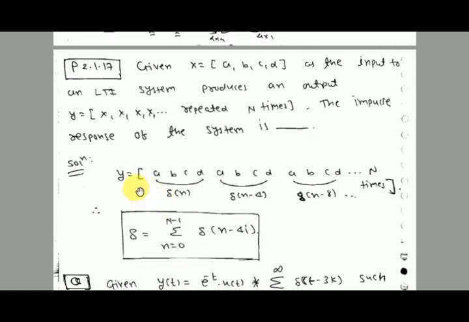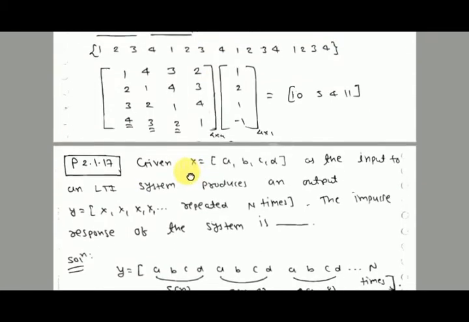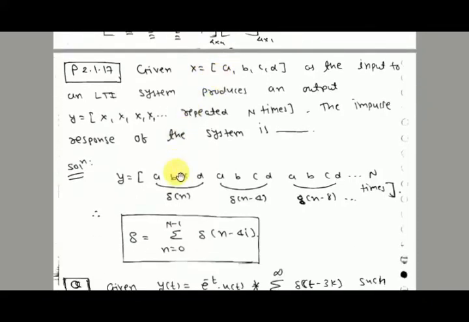So what will the impulse be here? Here the input is repeated n times. You can write here x, where ABCD is x, and again x of n minus 4, it is shifted by 4, that's why x of n minus 4, x of n minus 8.